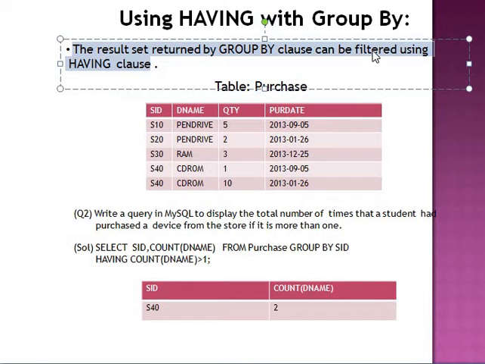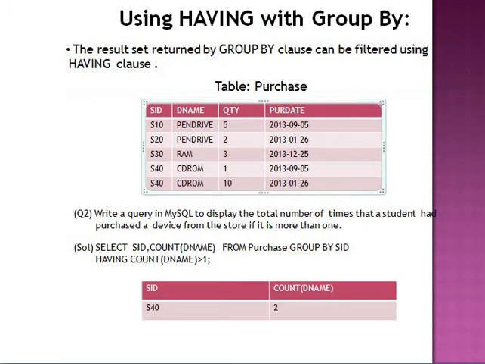You can further filter that output or that result set using a having clause to get the final output or the result set. Now we shall be considering this table purchase again. Again here SID is not a primary key column because the entry S40 is getting repeated.